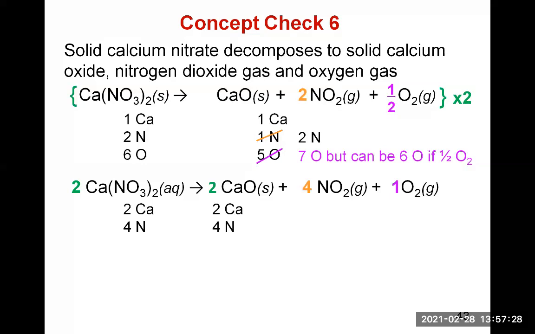Oxygen, we have 2 nitrates times 3 oxygens per nitrate, that's 6 per molecule here. 6 times 2 is going to be 12 oxygen on the left. On the right, we have 2 in CaO, 2 oxygen, plus 4 times 2, 8 in the NO2. So 2 plus 8 is 10, and then the O2, so more oxygen. So that's 12. So we do have the same number of each kind of atom on both sides of the equation, and this is balanced.